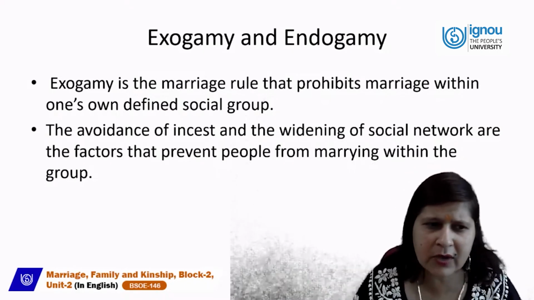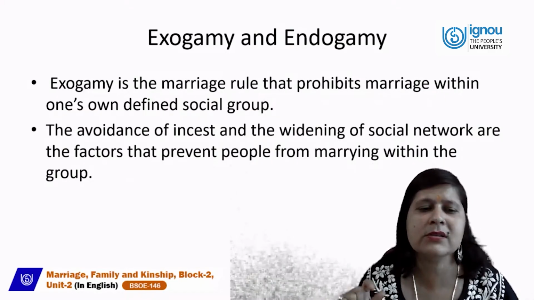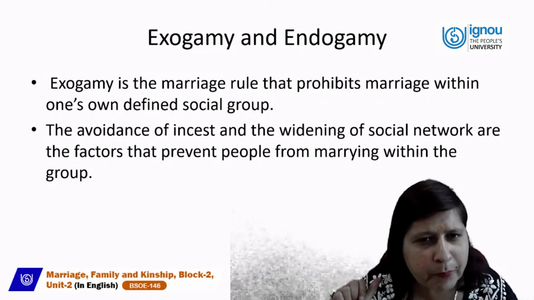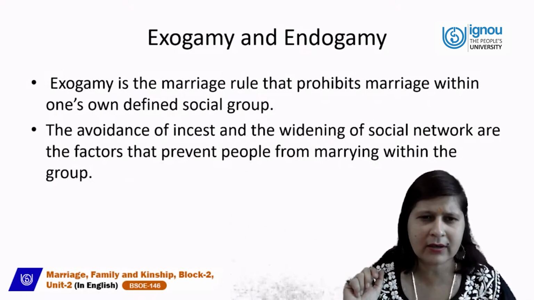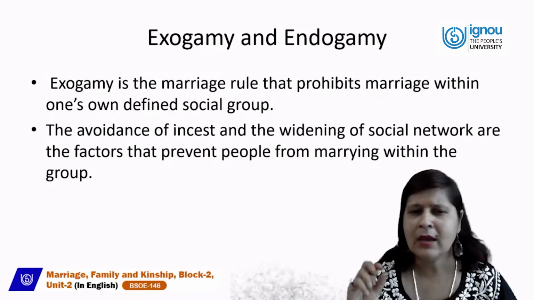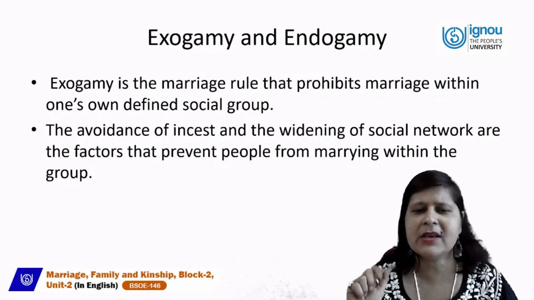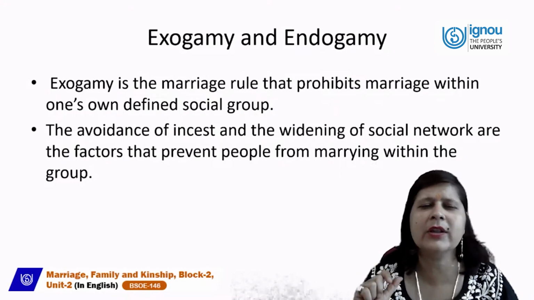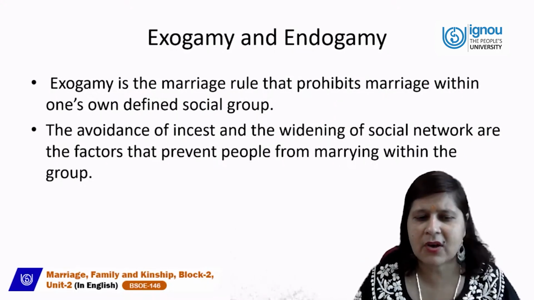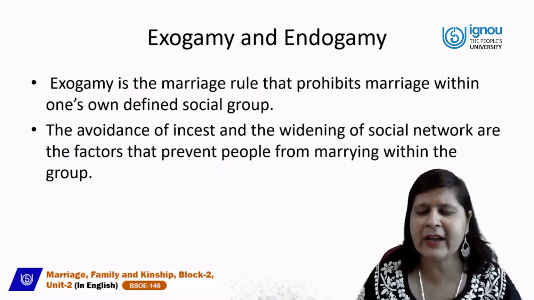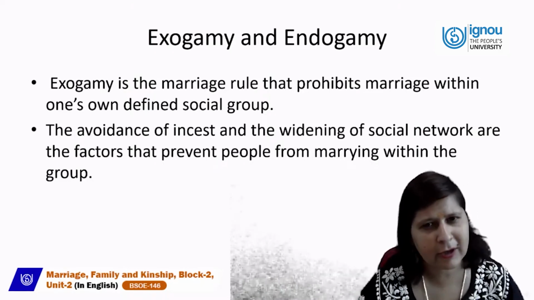Like in North India, one cannot marry within the same gotra, or the marriage between parallel cousins is prohibited, right? The avoidance of incest and the widening of social networks are the factors that prevent people from marrying within the group.